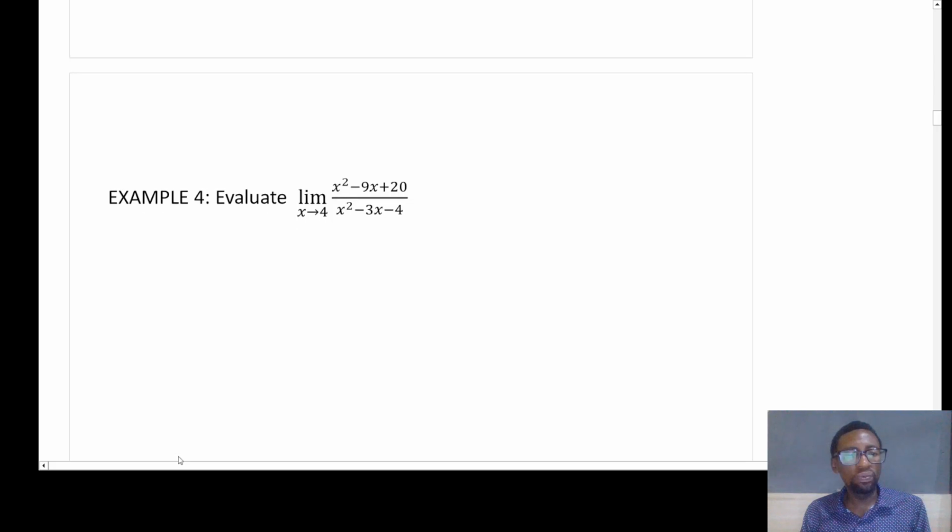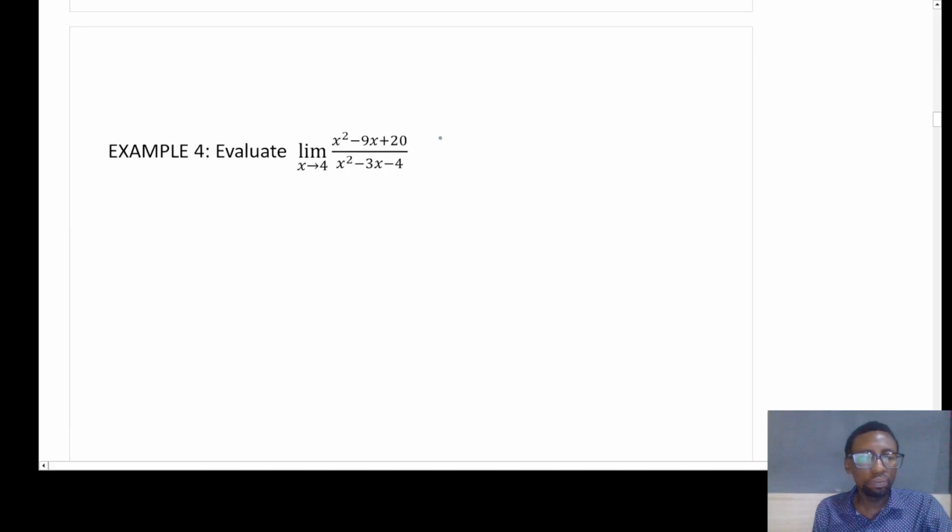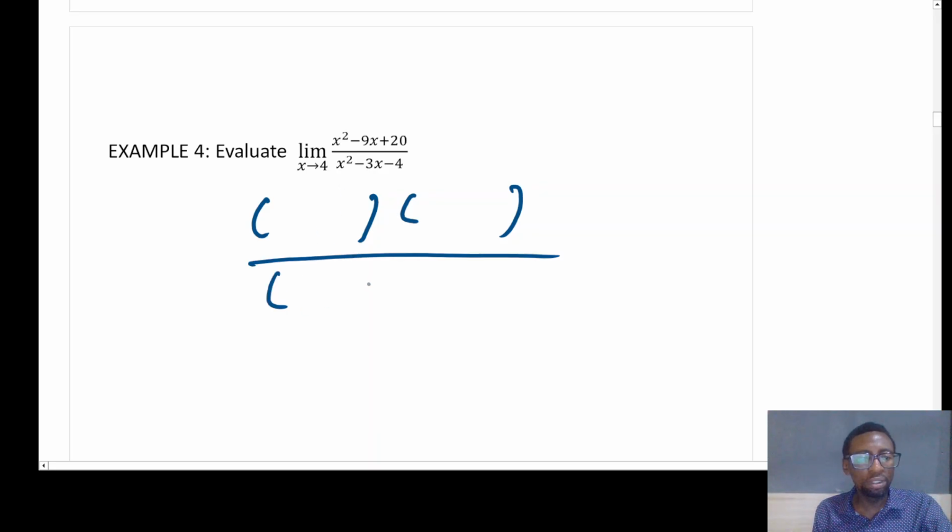Let's go to example 4. This is another quadratic expression. Evaluate the limit as x tends to 4 of x squared minus 9x plus 20 over x squared minus 3x minus 4. If I factorize this using product and sum, the first line will give me brackets, brackets, over two brackets, brackets.